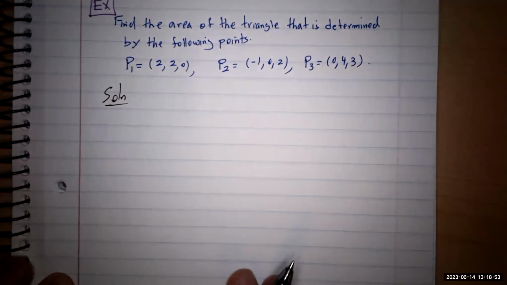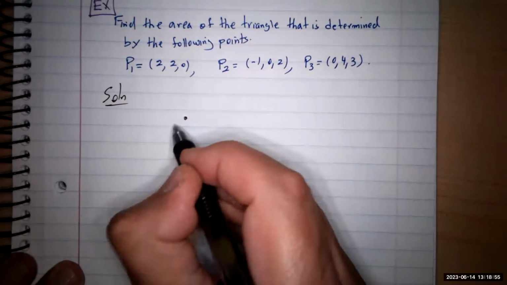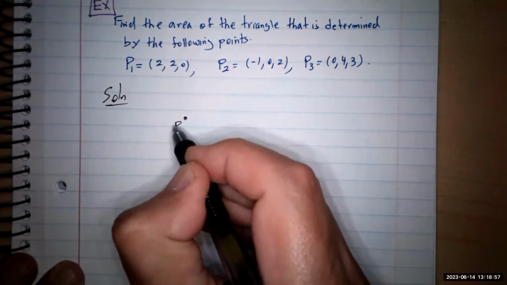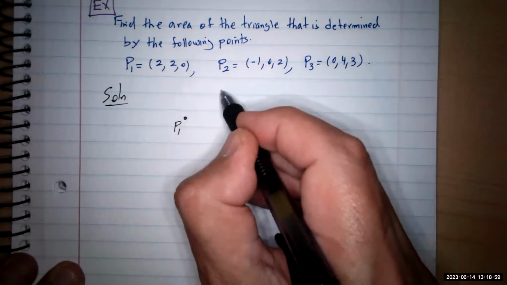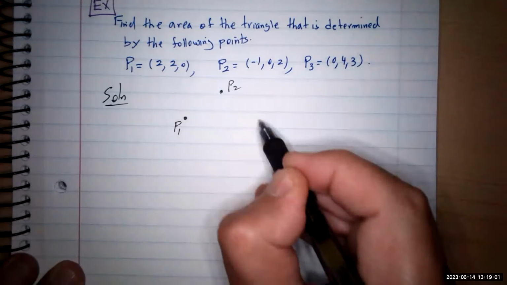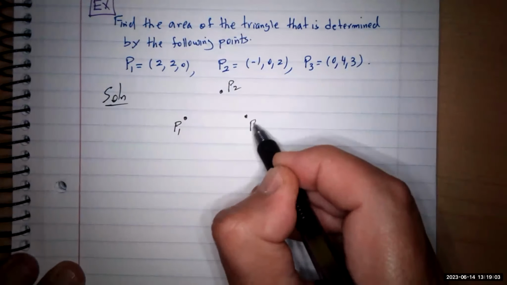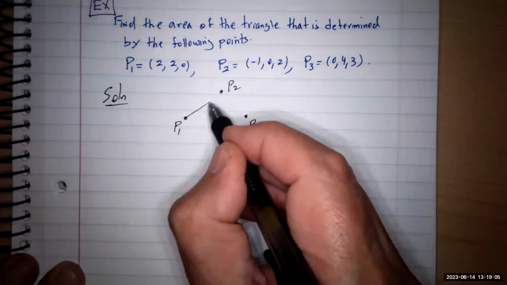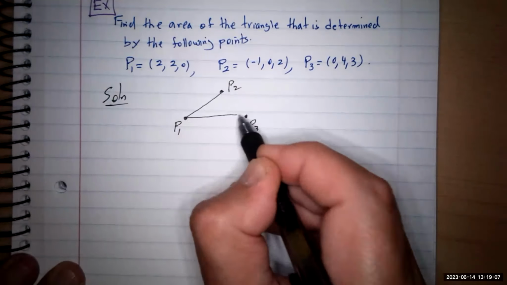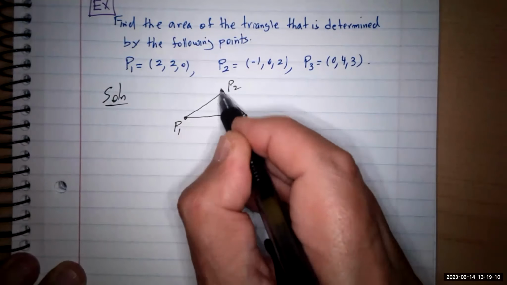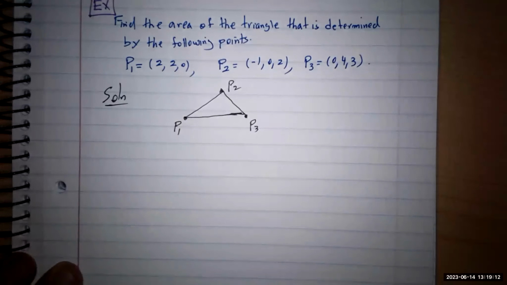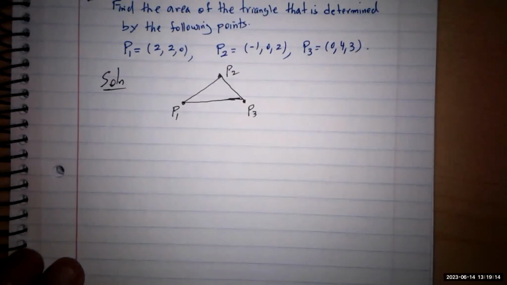You can derive it as you like, but I'm going to identify. Suppose this is P1, and this is going to be P2, and this is going to be P3. So this is the triangle that you have. We can use the cross product of the vectors, but you need vectors to do it.